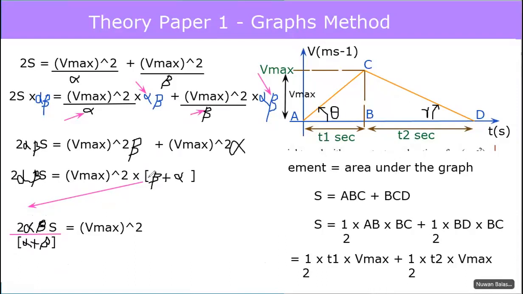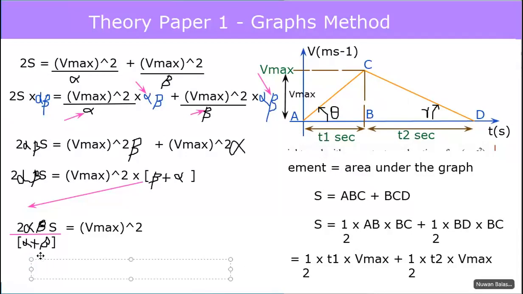Whether you write beta plus alpha or alpha plus beta, no difference, right? 2 plus 3 is 5, 3 plus 2 is also 5. So once you take the square root, you have the V max answer.